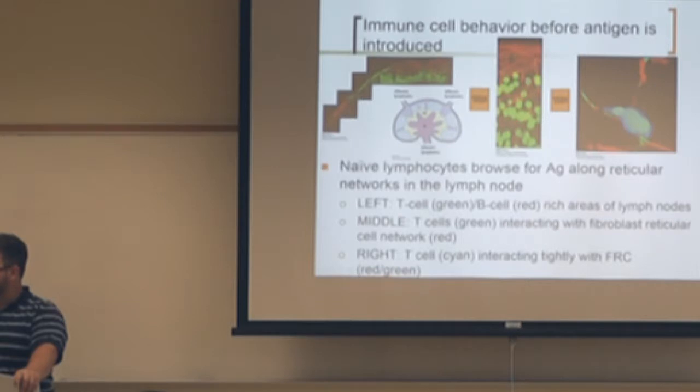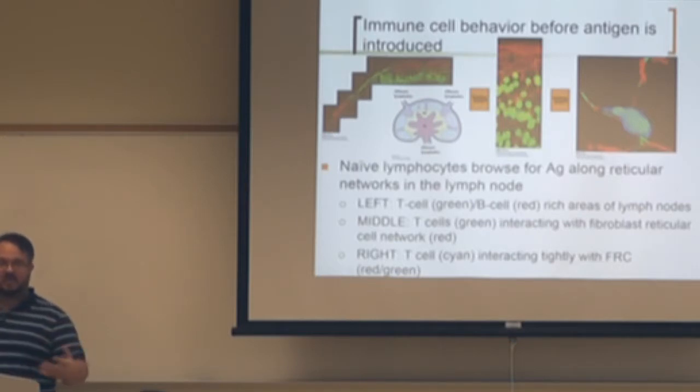What's the function of the FRC? If the T cells came in and you didn't have the FRC, they cannot roll, there would be no pathway. It's like giving you a path and saying you go through this path and scan it for antigens.